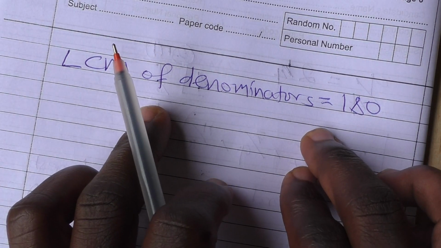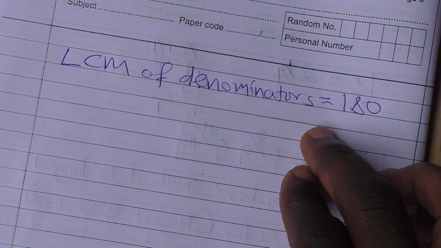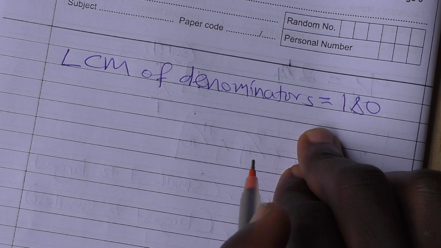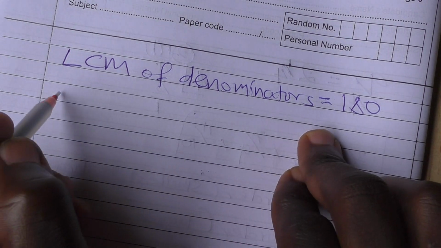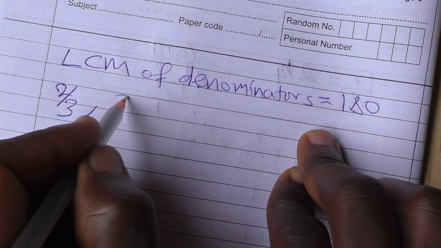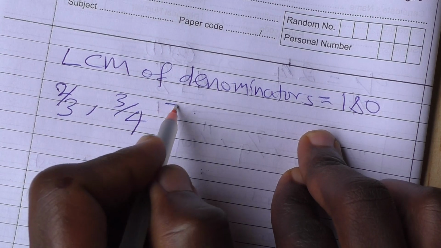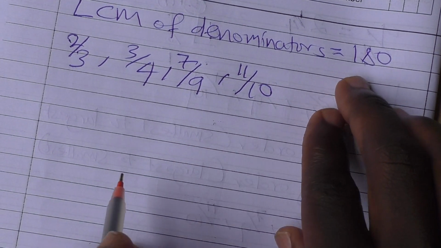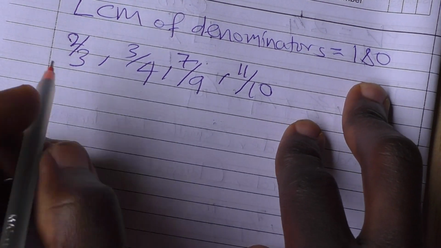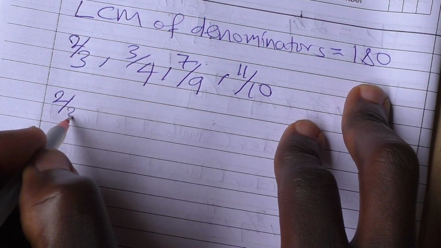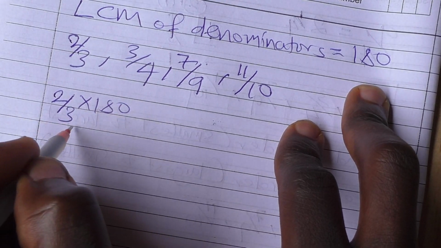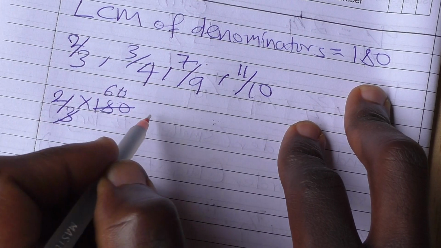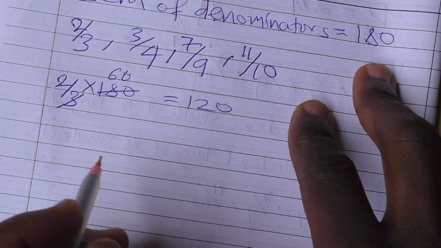After getting 180, now we multiply. That is the first step. Our step 2 is to multiply that LCM by every fraction. Remember, we had 2/3, 3/4, 7/9, and 11/10. So 2/3 times 180 gives us 60 times 2, that is 120.